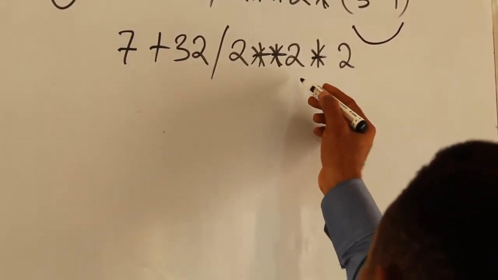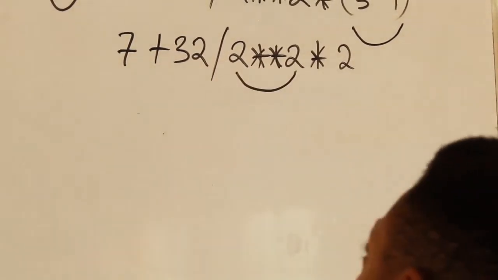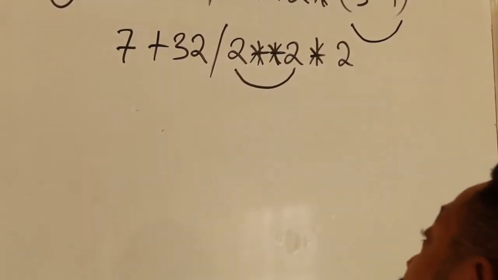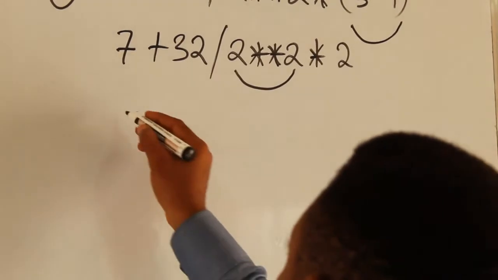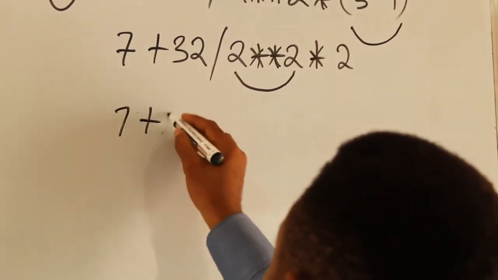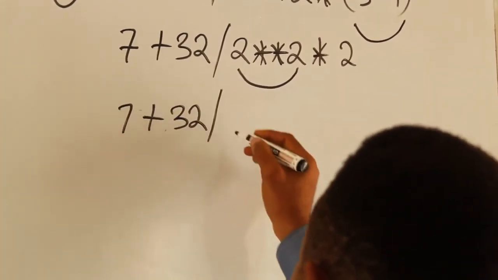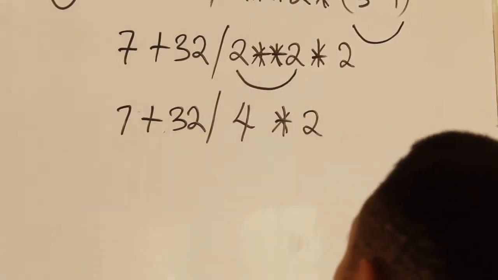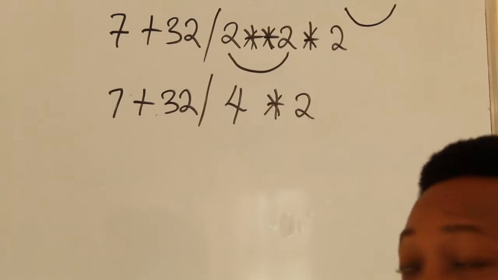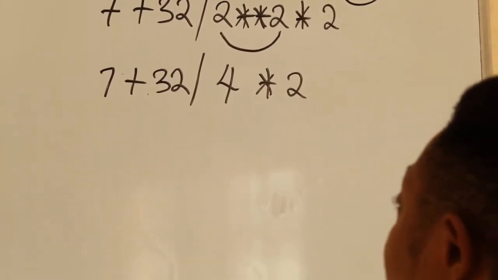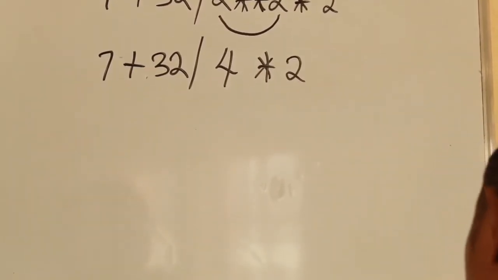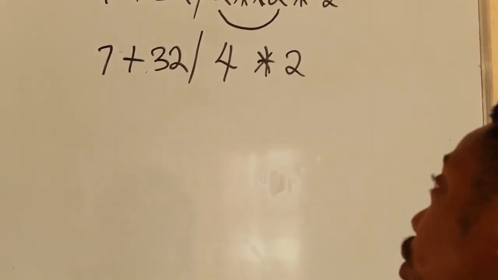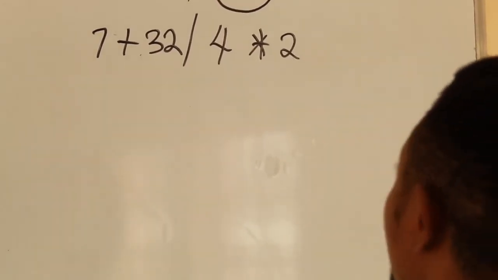The next is the exponent, which is 2 raised to the power 2, and that will give us 4. So 7 plus 32 divided by 4 multiplied by 2. Are you following? So that is 7 plus 32 divided by 4 multiplied by 2.